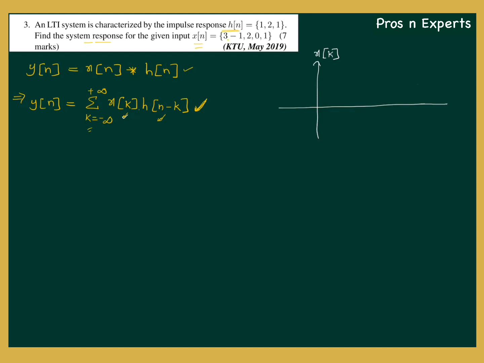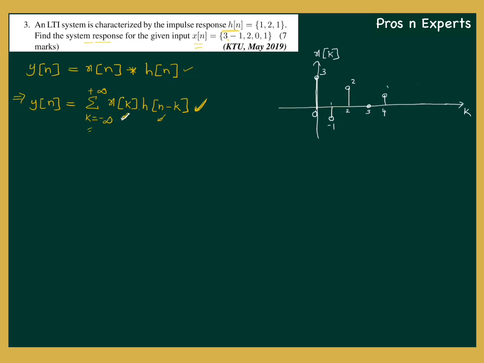So the first sample at k equal to 0 is 3, then the second sample is minus 1, then at k equal to 2 the sample is plus 2, then 0 and 1. Okay, this is x of k, right? Now x of k is over.